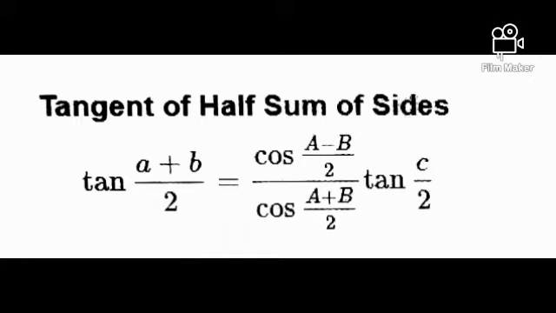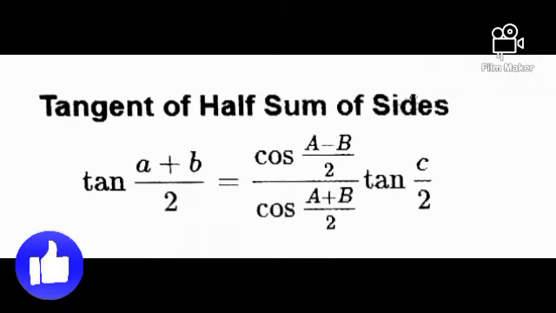Now, you can also write the equations for half the sum of the sides small a and small c. And you can also write the equation for the tangent of half the sum of the sides b and c.